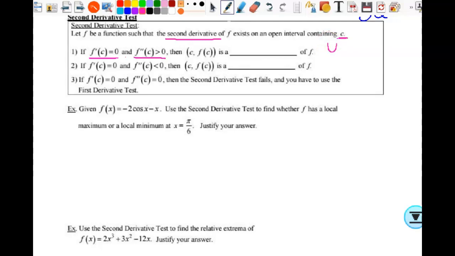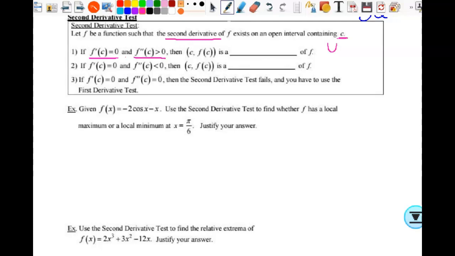Okay, so if f prime is equal to 0, that means we have what? A 0 on f prime, but what does that tell me about f? Relative max or relative min, right? Because that's why we find the zeros and we put them on the number line.